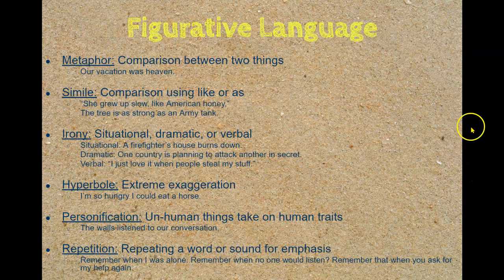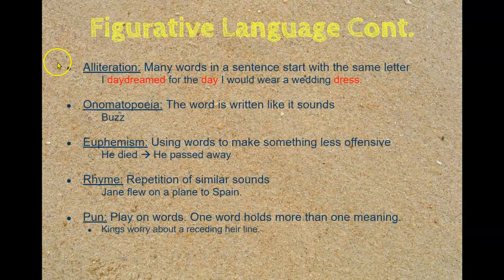You can refer back to this slide and the next one for some examples of figurative language to look for in poetry. You're probably familiar with metaphors, similes. We've discussed irony in class, hyperbole, personification, and repetition is when we're looking at words being repeated for emphasis. Alliteration is a sound device in which we have several words that start with the same letter close to one another.